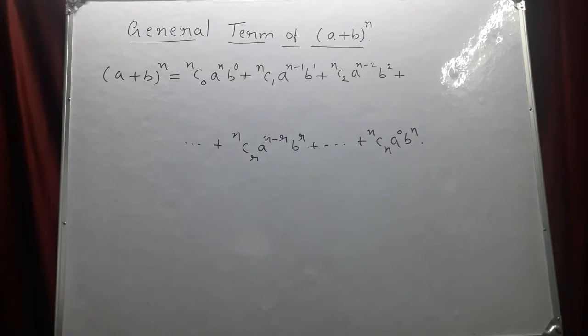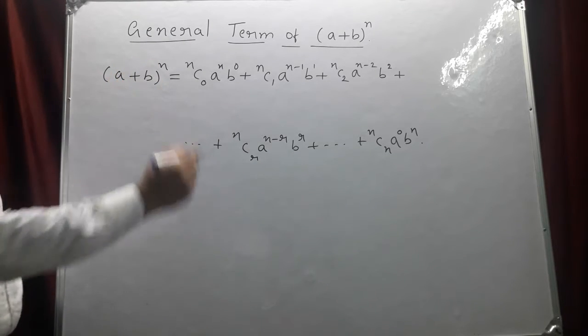So this is the binomial expansion of (a + b)^n.